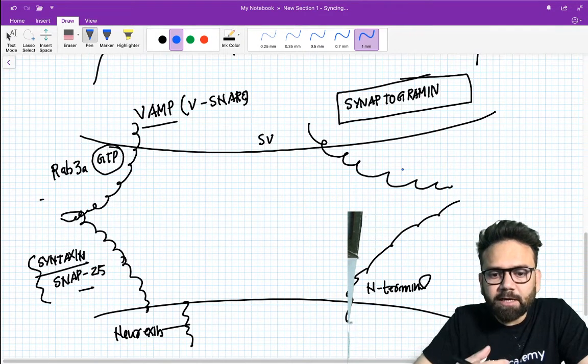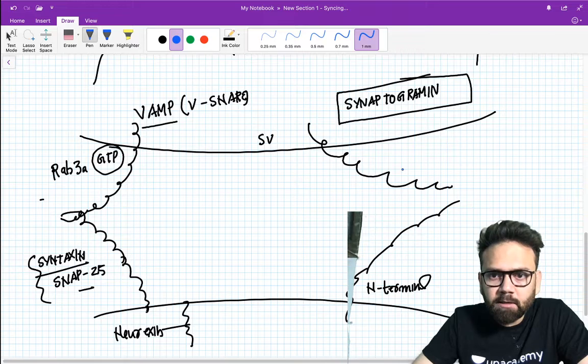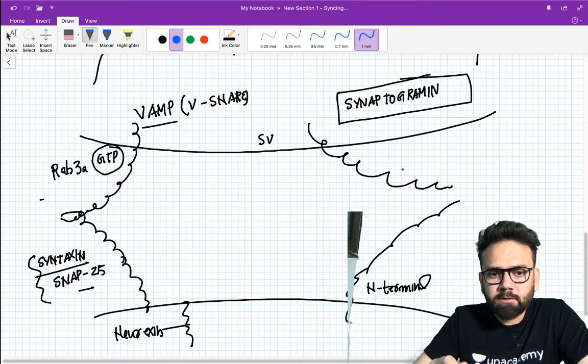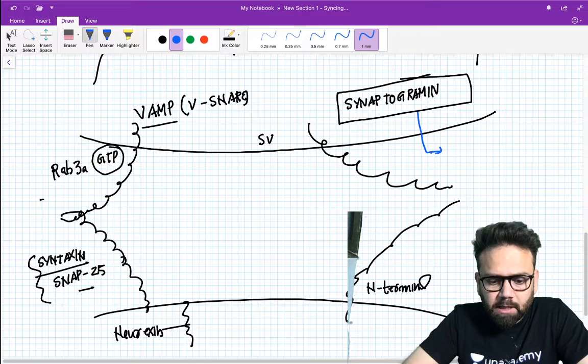You can write in the chat box. Neuromarker, okay, it can be, but among these docking proteins, what is the role of synaptotagmin? Yes, Sagar, one last chance. Ravi, Roshan.